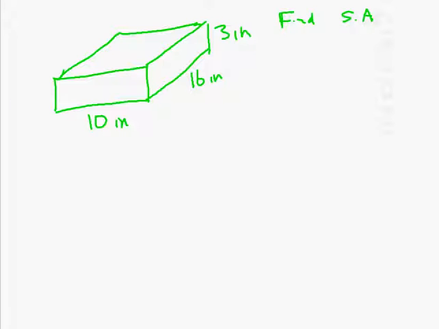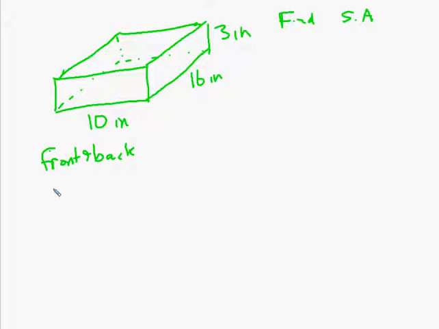So on a box, I'm going to have, hopefully you see, are we not messing around up there in front? Okay, so here's our box. I'm going to have a front and back. Front, back. Do you see what I'm talking about? Yeah.